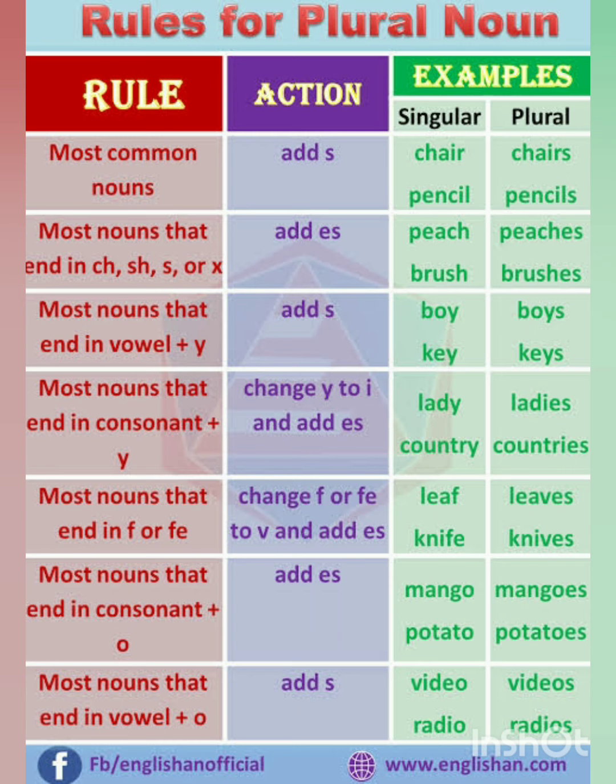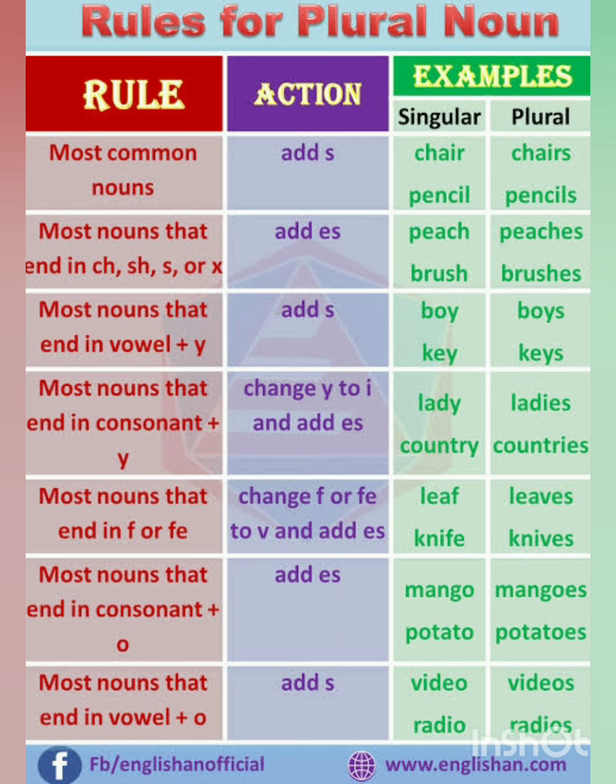So we add s after them to make it plural, boys and keys. The next way is if the noun ends in the letter y and before that there is a consonant letter, then we add es at the end, and before that we change y into i. For example, lady and country. We are changing them into ladies and countries by adding es and changing y into i.